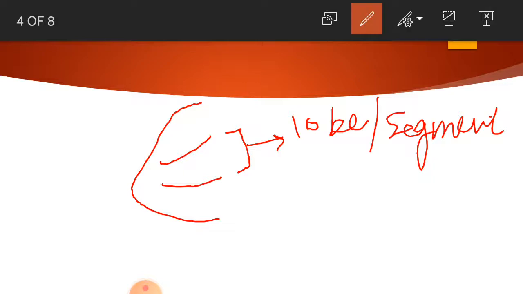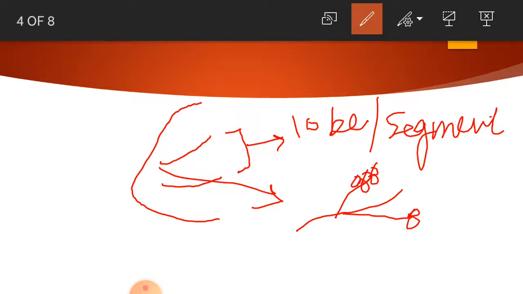Within this segment, if you zoom it out, then there will be grape-like structures. This whole structure will be termed a lobule.